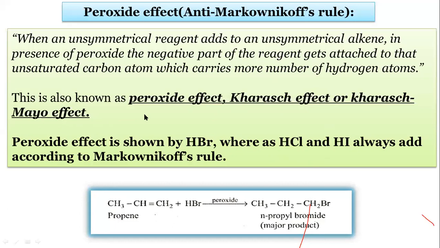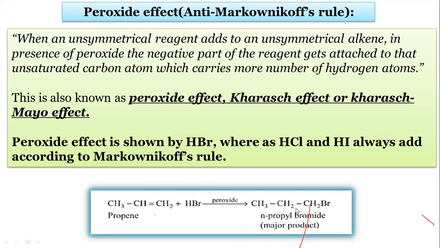See, if you understand Markovnikov's rule, then anti-Markovnikov's rule is exactly opposite to Markovnikov's rule. In Markovnikov's rule, the negative part is attached to the carbon atom which contains fewer hydrogens. But in anti-Markovnikov's rule, due to the presence of this peroxide, this situation is reversed. The negative part is attached to the carbon atom which contains more hydrogens.